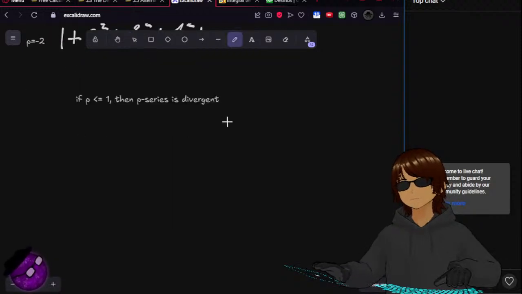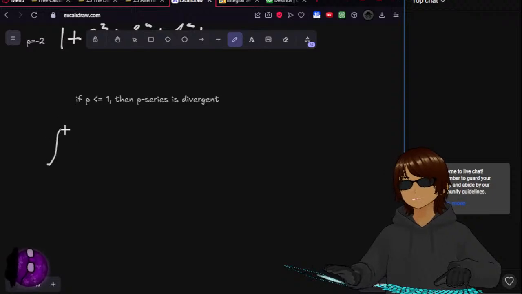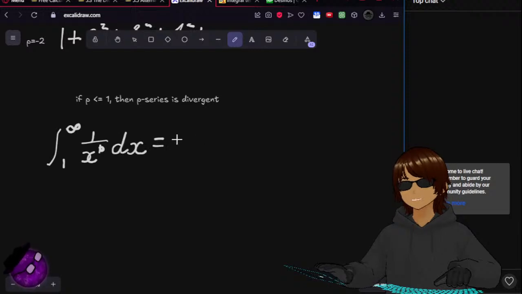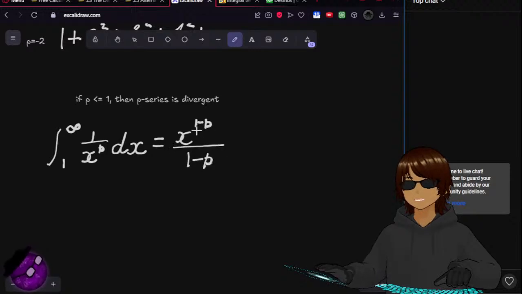But if you have something like the integral from 1 to infinity of 1 over x to the power of p, this is x to the power of minus p, so this becomes x to the power of minus p plus 1 over minus p plus 1. So the derivative of this would be x to the power of minus p, yeah.